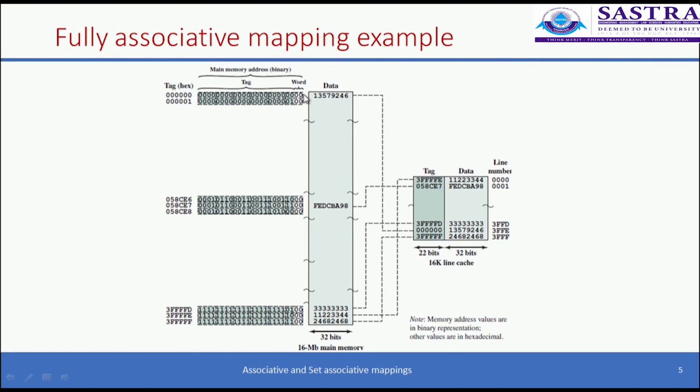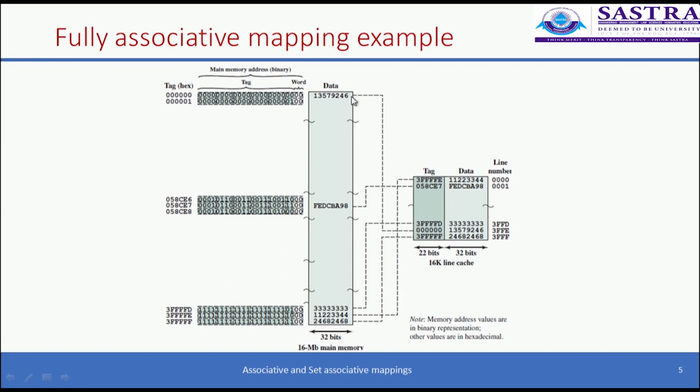The very first address of that block is given. So, always in the word field we have only 2 zeros. It is inferred the addresses 01, 10, 11 are included in this block. So, the size of that block is 32 bits.